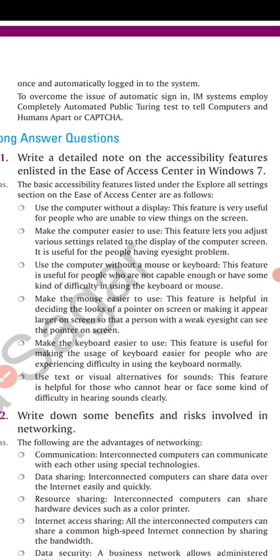If you want to use the computer without the mouse or the keyboard, you can do so very easily. If you are not able to touch the keyboard or work with the mouse, you can work without them. This feature is useful for people who have some kind of difficulty in using the keyboard or the mouse.